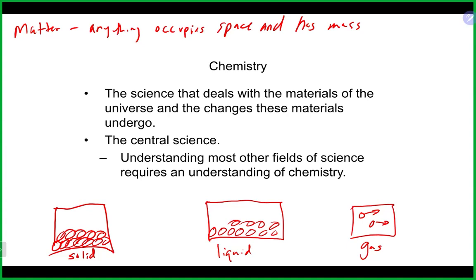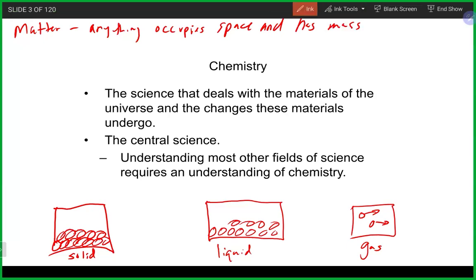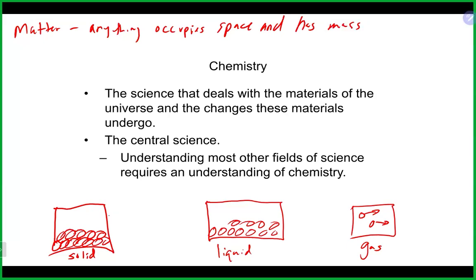So for example, if we go from the solid state to the liquid state, that is the process known as melting. If I take an ice cube out of the freezer, it will start to melt. So as you go from solid to liquid, that's the process of melting.